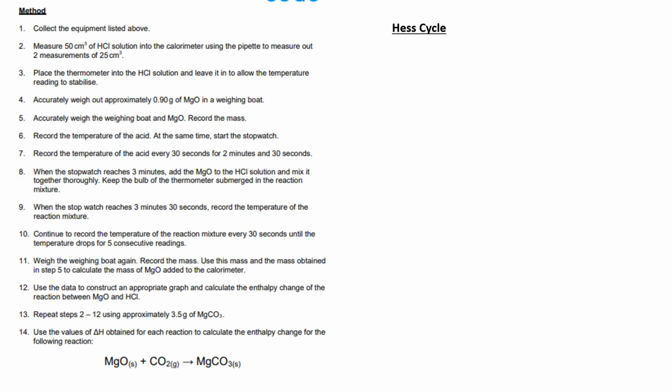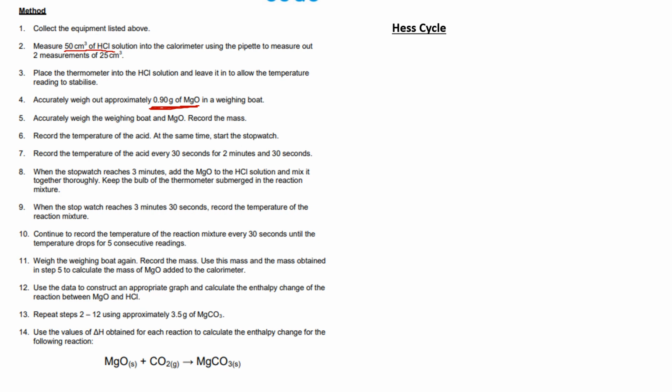I'm not going to go through the method in great detail now, it's shown on the screen, but basically you start off by weighing out 0.9 grams of magnesium oxide, and you also measure out 50 centimeters cubed of hydrochloric acid into your calorimeter.